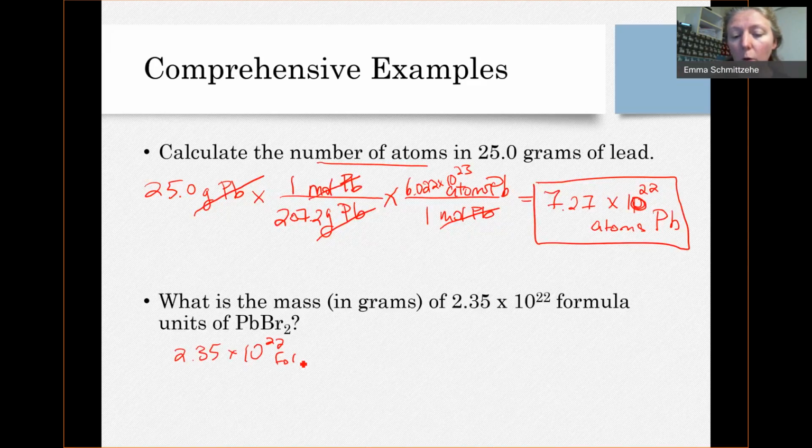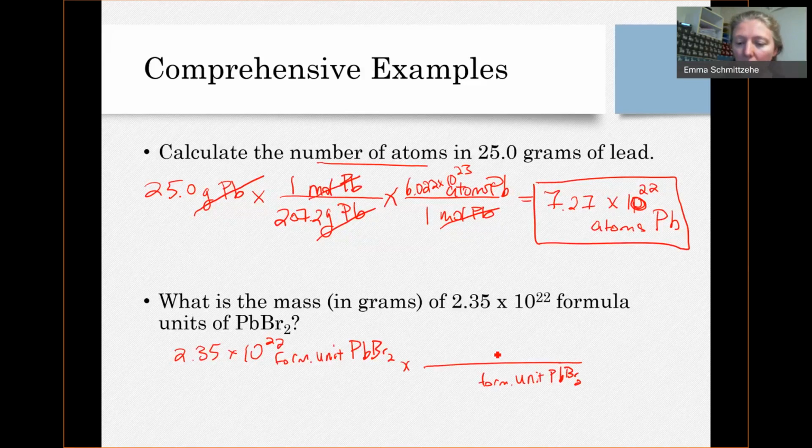So I'll write formula unit PbBr2. Okay, that's what I have. And I don't want formula units, so I'm going to write formula units, abbreviate it, lead bromide.